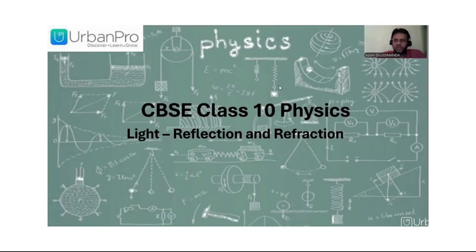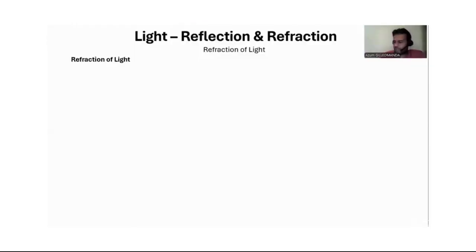So earlier we learned about what is reflection, right? So let's quickly do a recap. What is reflection? Let's say this is a mirror, which is at one end, this is polished. That means the light cannot pass through.